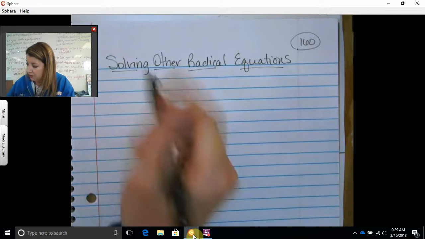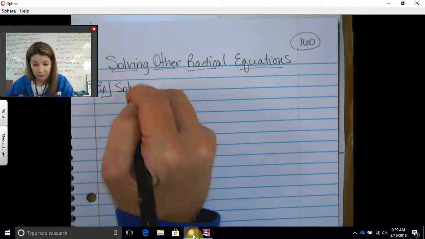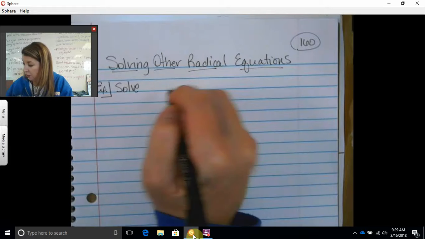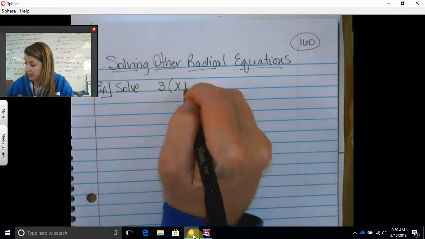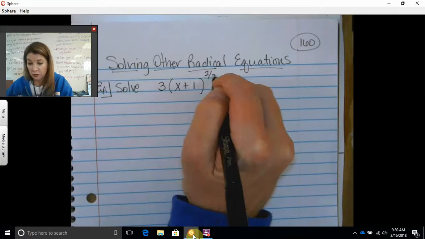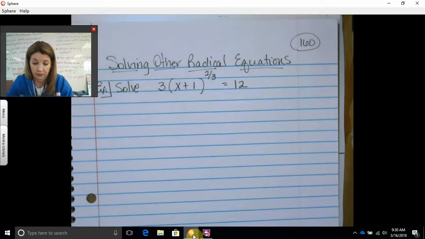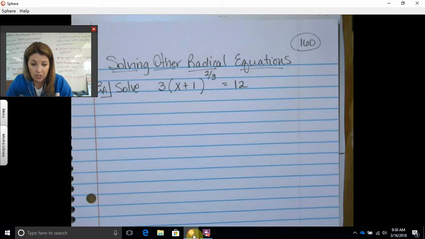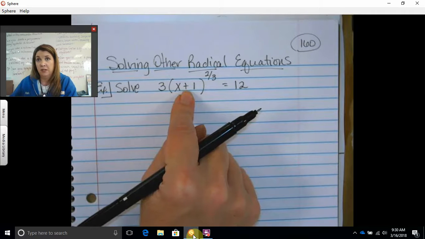All right, so in my first example, we have to solve 3 times the quantity x plus 1, quantity raised to the 2/3 power, equals 12. So first thing we're going to do, just like when we did radical equations, because technically this means the cube root of x plus 1 quantity squared, okay?